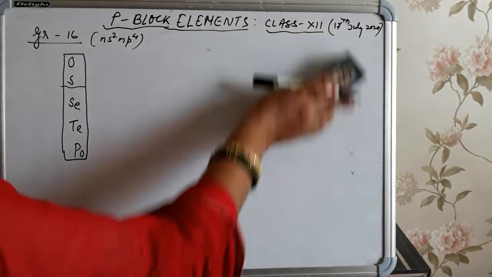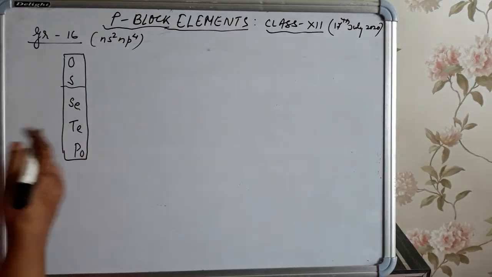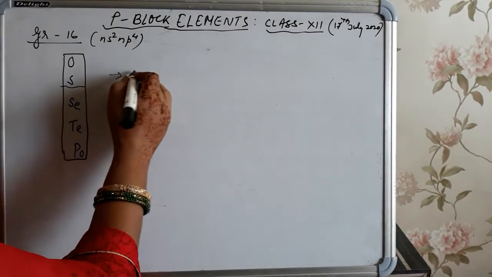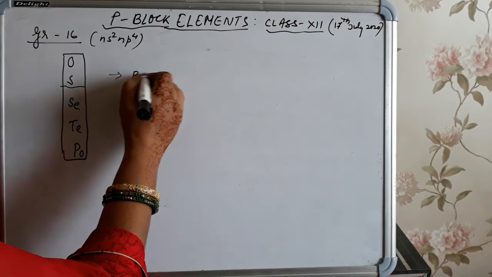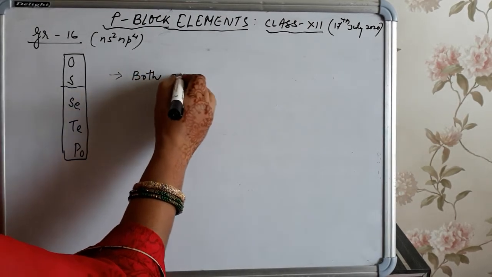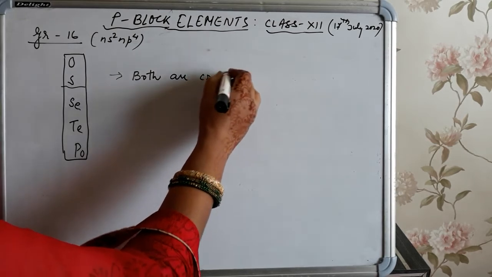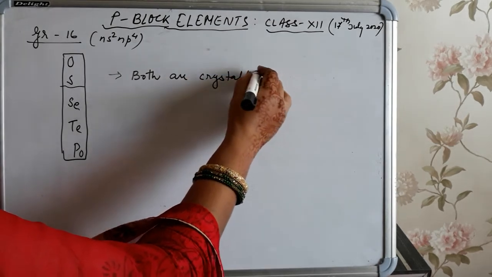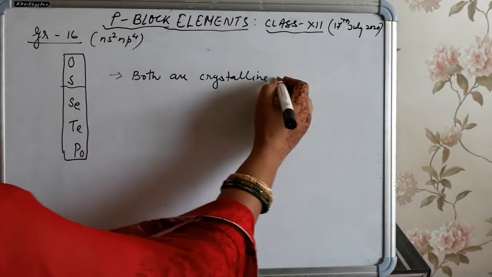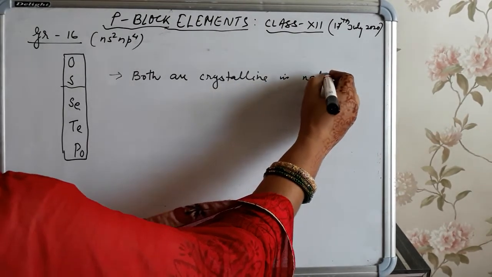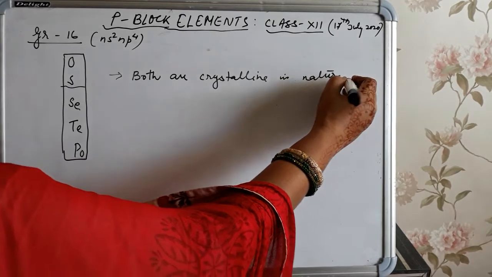So let's discuss the nature of these two allotropes, rhombic sulfur and monoclinic sulfur. Both are crystalline in nature.